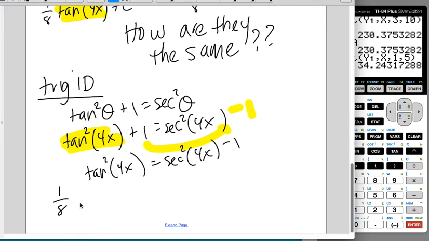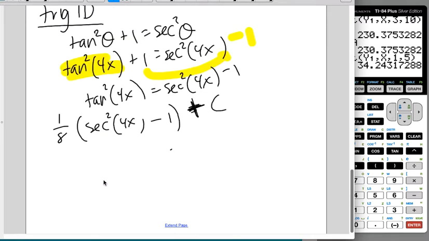Well, wouldn't I get 1/8 times secant squared of 4x minus 1? And for the record, we're trying to show that these two are equal, right? Plus c, my bad, I forgot my plus c. So plus some arbitrary constant. Well, wouldn't that be a 1/8 secant squared of 4x minus a 1/8 plus an arbitrary constant?